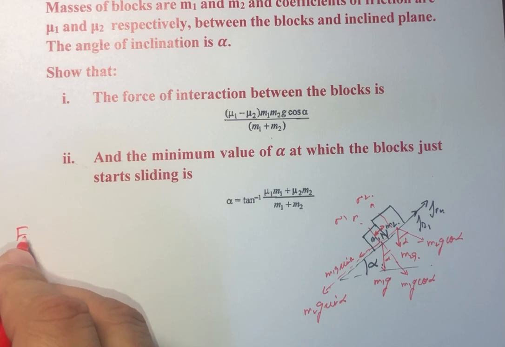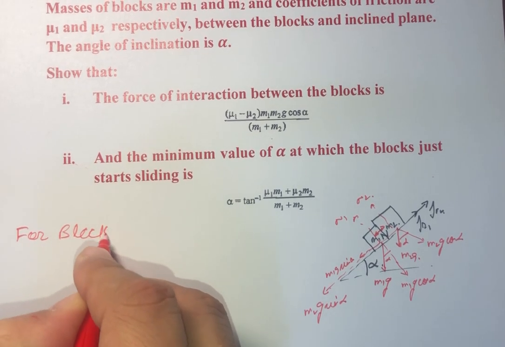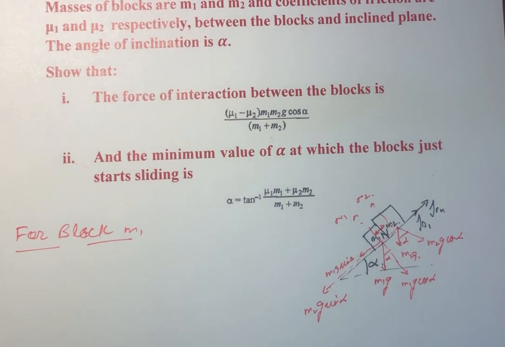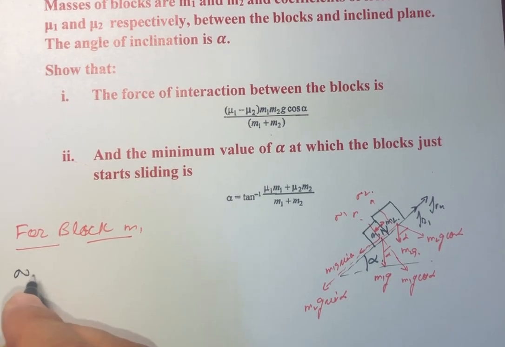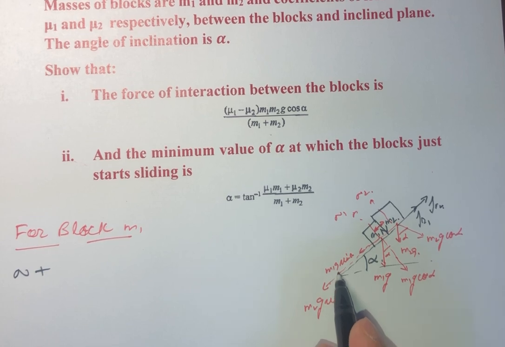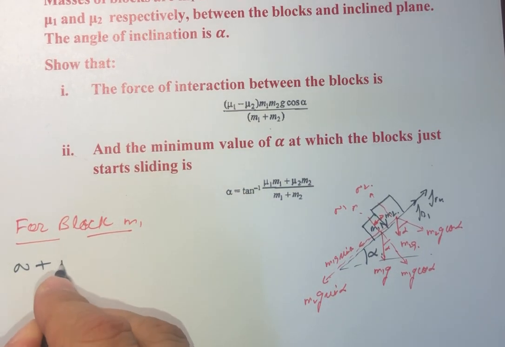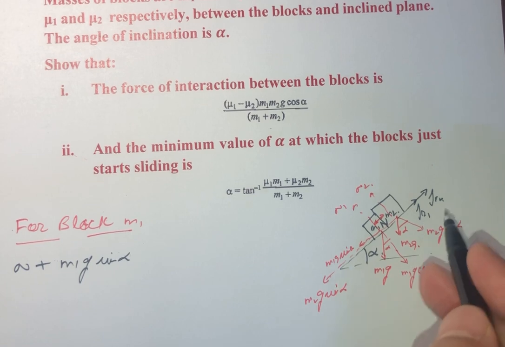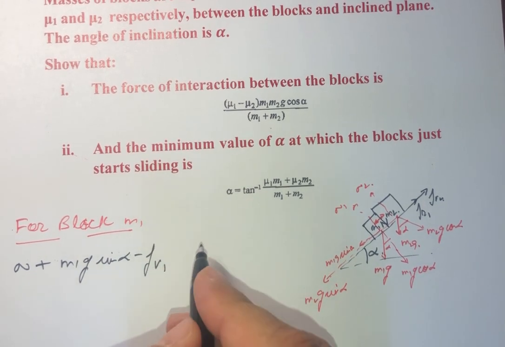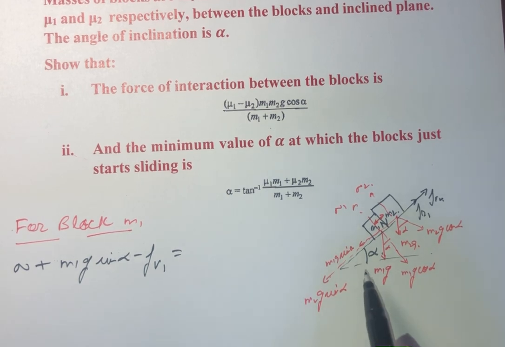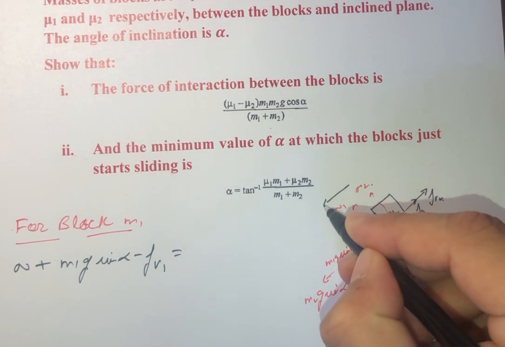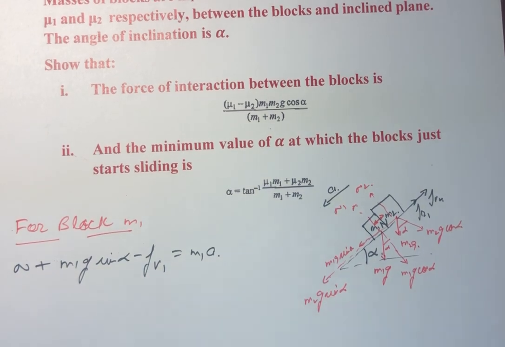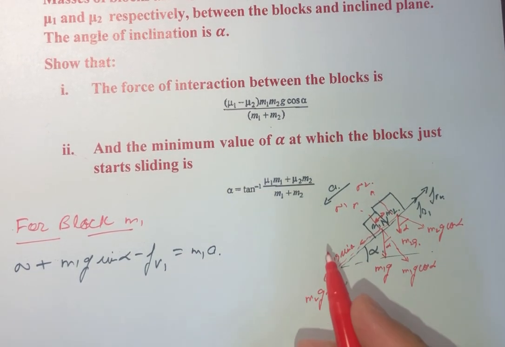For block m1 we have n plus m1 g sin alpha, downward direction, minus the friction fr1, and acceleration is given as a, so we have m1 a. Let us call this equation number 1.